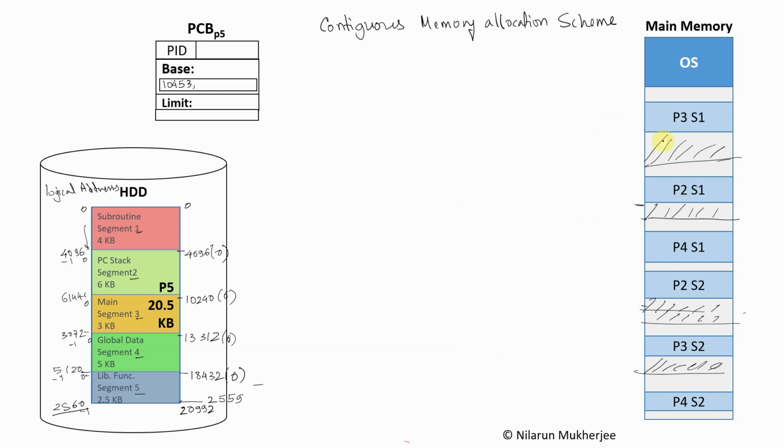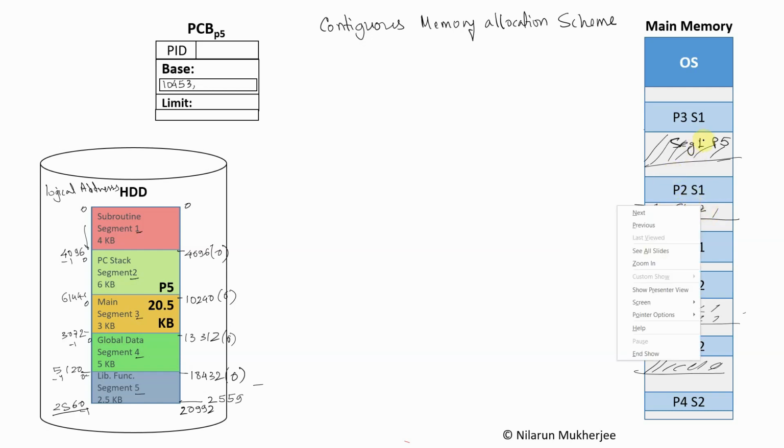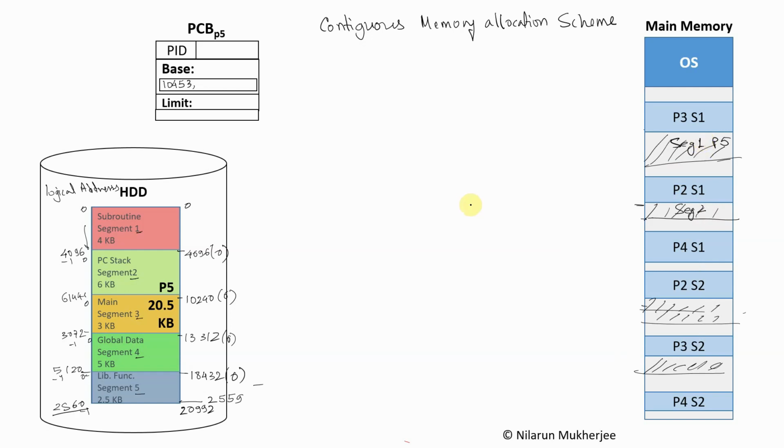So this is my segment 1, and suppose this is P5. Segment 0 and segment 1 are actually the 0th segment, this is segment 2, this is segment 3, this is segment 4, this is segment 5, all of P5.